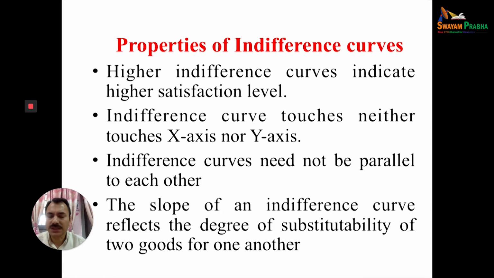It is not compulsory that both indifference curves be parallel to each other. No, they can be any shape, but they should be convex to the origin and downward sloping. The slope of an indifference curve reflects the degree of substitutability of two goods for one another.